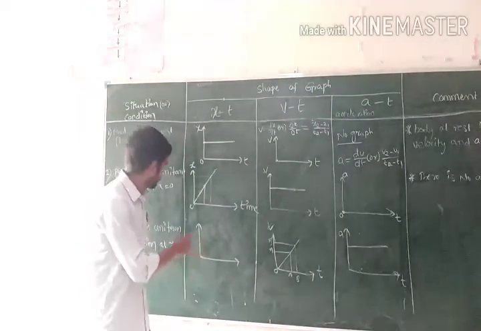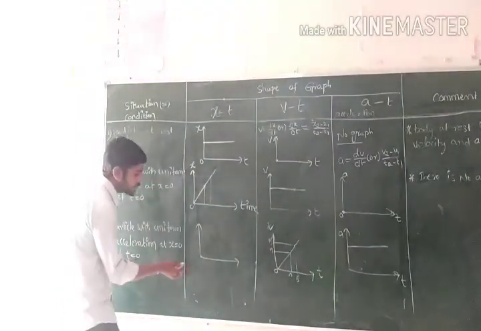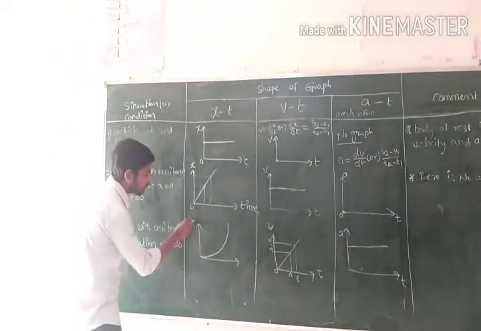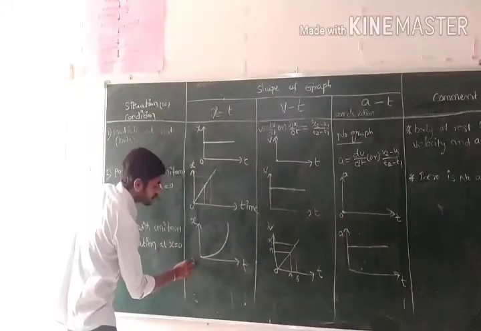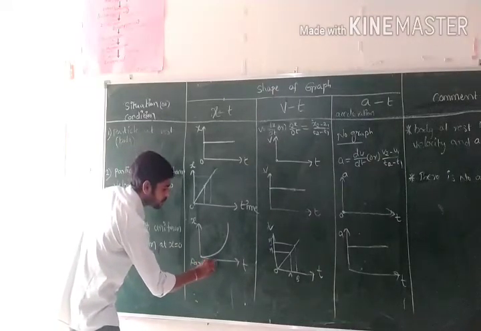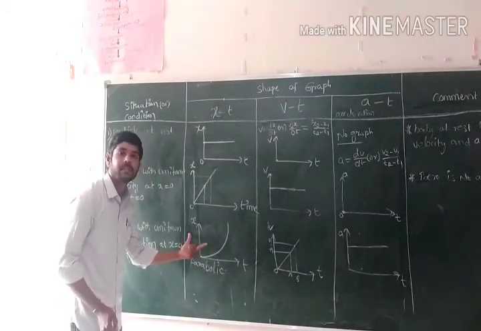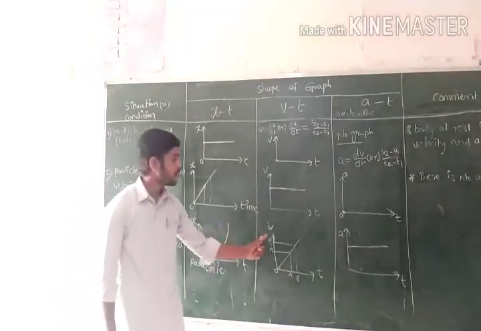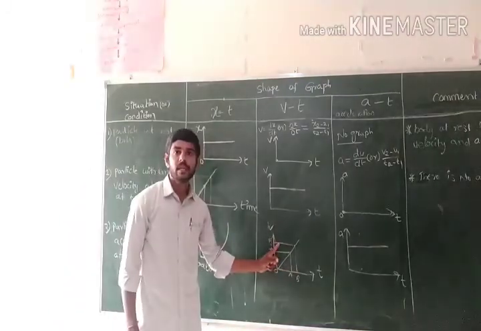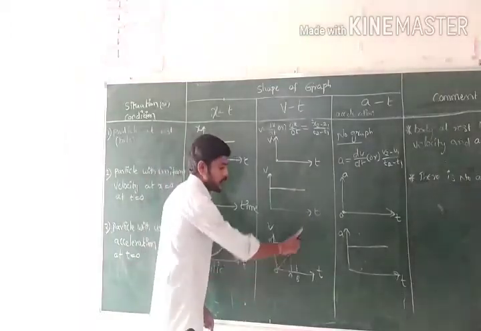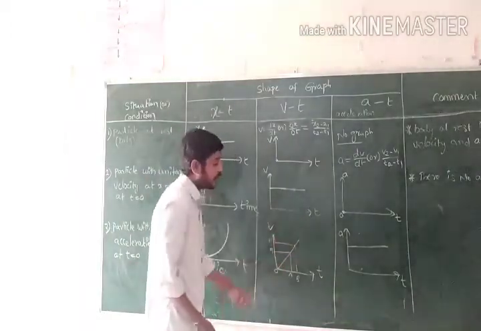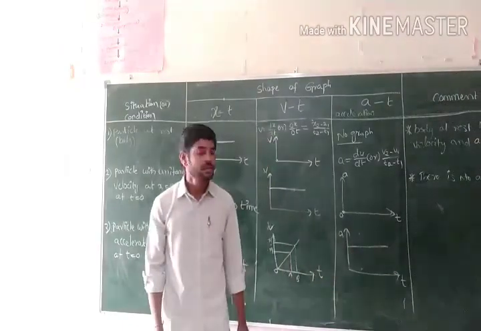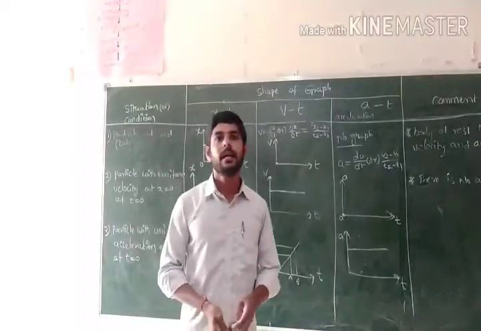For the uniform acceleration case, the displacement versus time graph comes like this: a parabolic path. This is x and t. Next, similarly, velocity must be linear, a straight line from the origin, and the resultant acceleration versus time is uniform, constant acceleration.